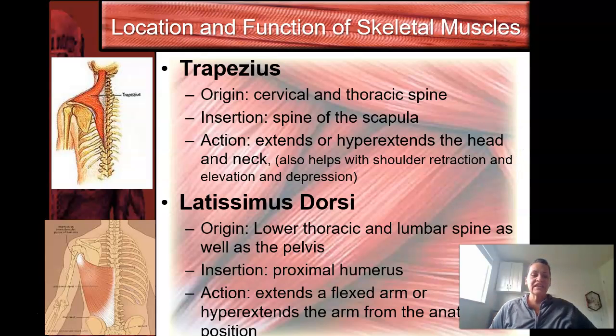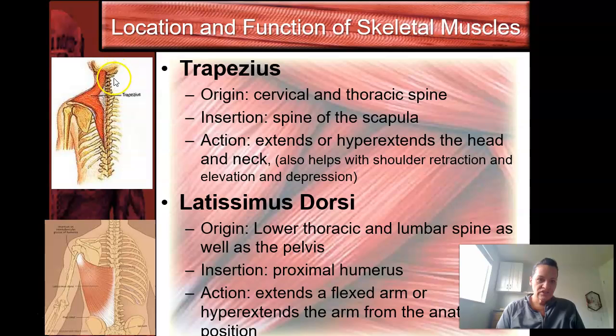Trapezius is next. This is a picture of your back, this muscle that goes up and down. You have one on each side, okay? Trapezius. The origin is the cervical and thoracic spine. The insertion is the spine of the scapula. Don't get that confused with your spine, okay? Spine of the scapula.